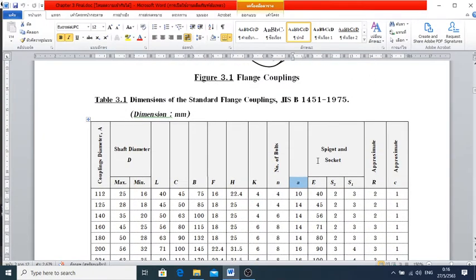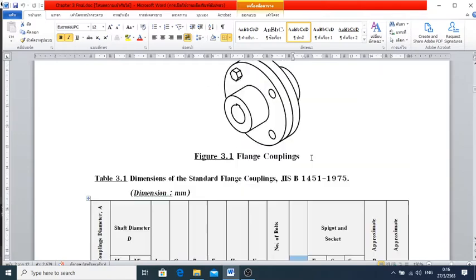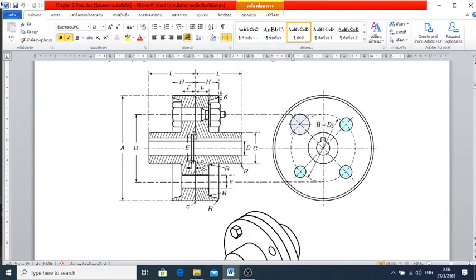So this is what we call fitting on the machine parts. And then the spigot and socket are allowed here. Spigot means the male one, and socket is the female one. They sit on each other properly to allow the assembly to align easily.